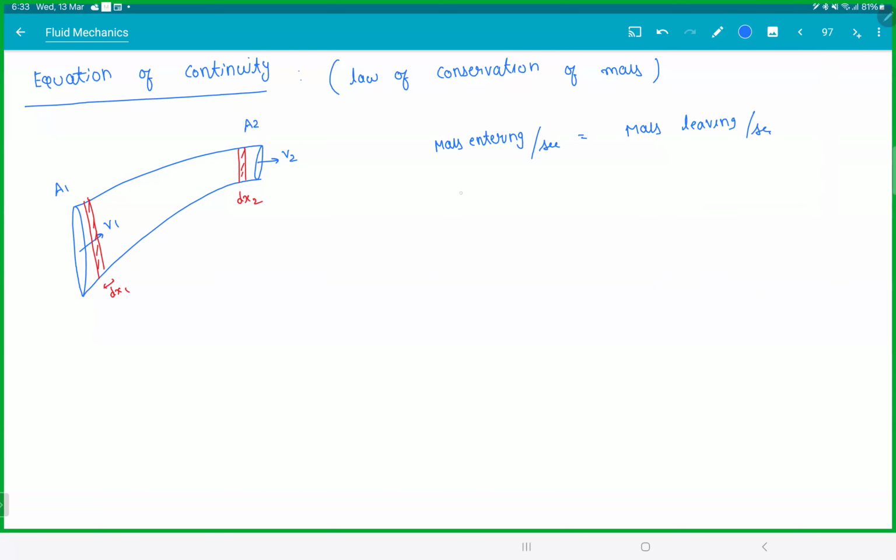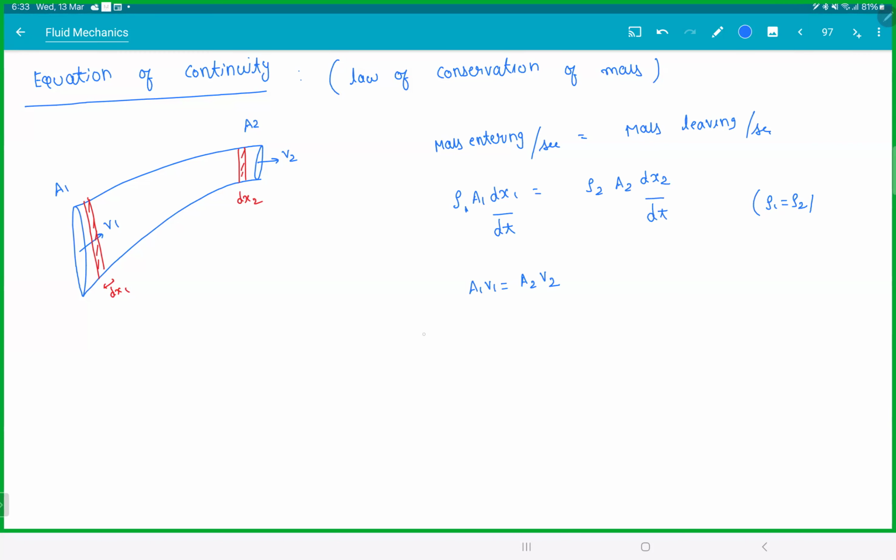Steady state. So that will be density rho1 A1 dx1 should be equal to rho2 A2 dx2. So that will be the mass by time. Rho 1 is equal to rho 2, incompressible fluid. So you end up with A1 V1 is equal to A2 V2.